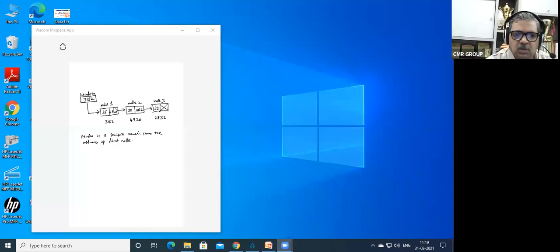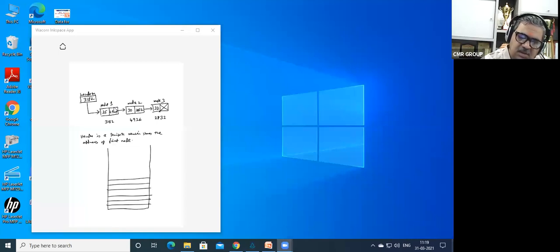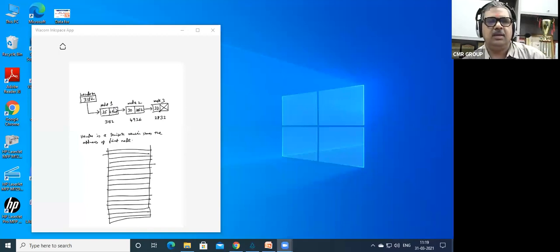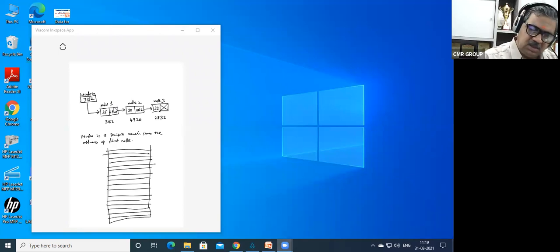Okay, so for example, I'll draw the memory. Let us look at how the memory looks. Memory has node 1.